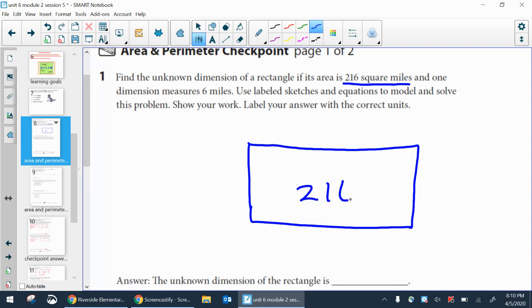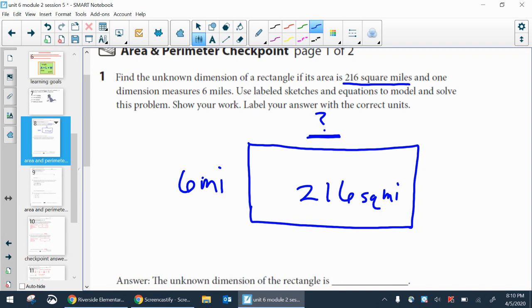So I'm going to start recording some of my known information. And it's also telling me one of my dimensions is 6 miles. So I'm going to label this dimension, my width, 6 miles. So what I'm eventually trying to solve for is this unknown dimension here.